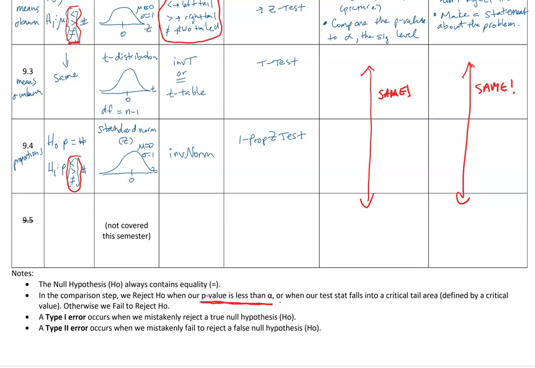Or when the test statistic falls into a critical tail area, the left or the right, or both, either, I should say, defined by the critical values. Otherwise, we fail to reject the null. And then there are these last little bits about the type 1 error, which occurs when we mistakenly reject a true null, and the type 2 error when we mistakenly fail to reject a false null.